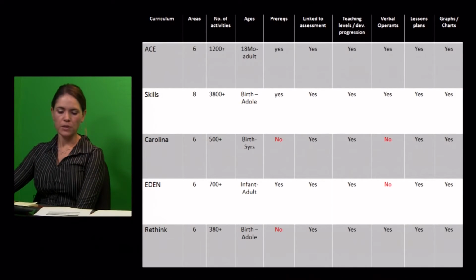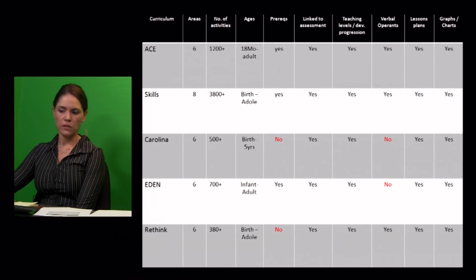All of these were linked to an assessment. They all provided teaching levels. The ACE, Skills, and Rethink addressed verbal operants. They all provide lesson plans, and they all provided graphs and charts.